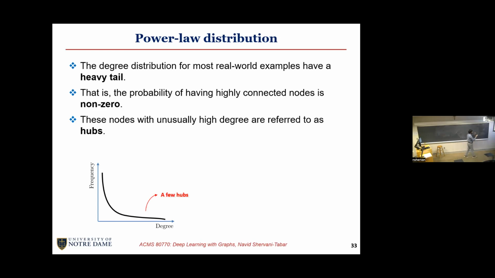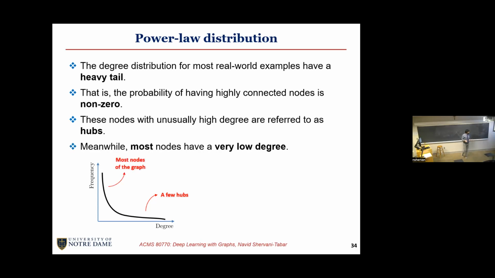So in a graph, that means that you have a few nodes that have very high degrees. So very highly connected nodes, but very few of them. These nodes that have unusually high degree, we call them hubs in the graph, right?